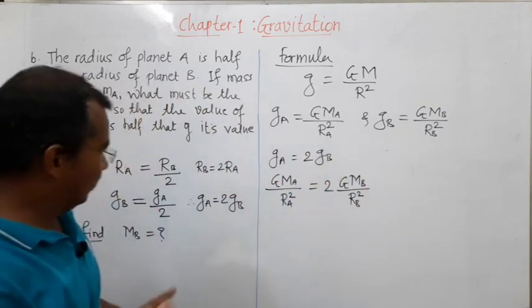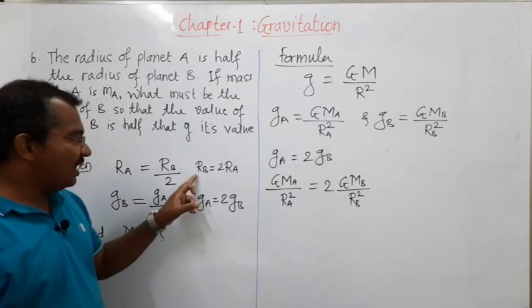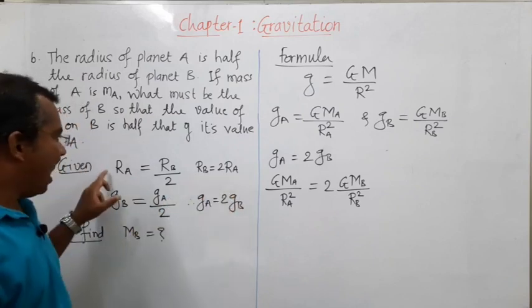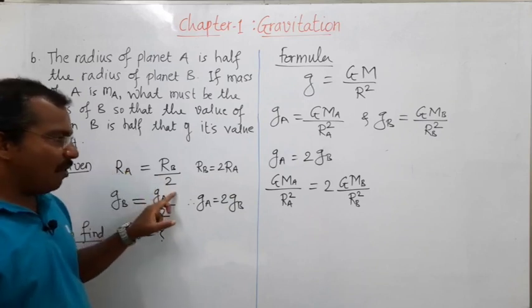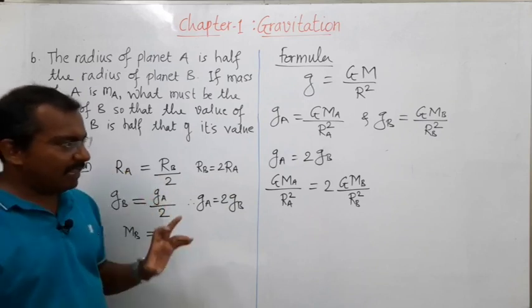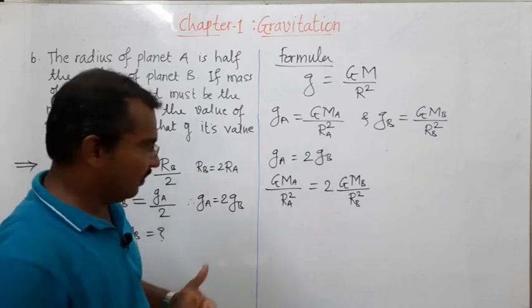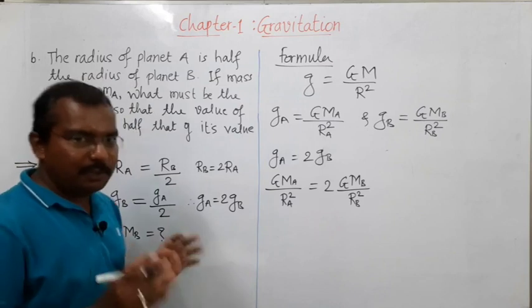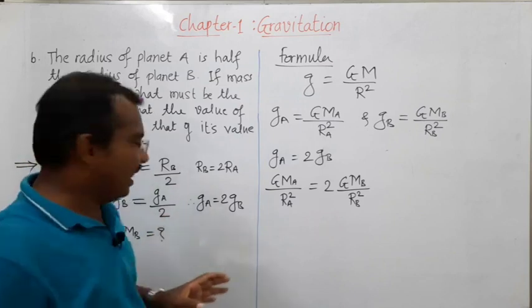So one more thing is given, RB is equal to 2 times RA, or RA is equal to RB upon 2. You can have only one form, either put value of RA or value of RB, whichever is more convenient you can put.